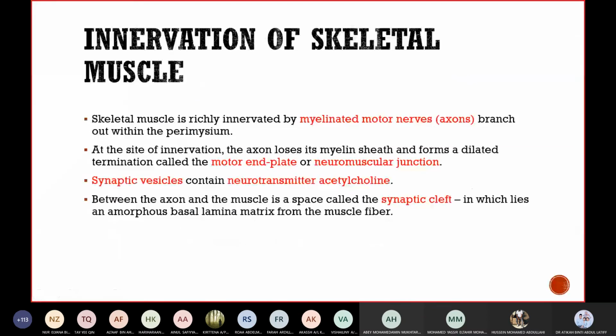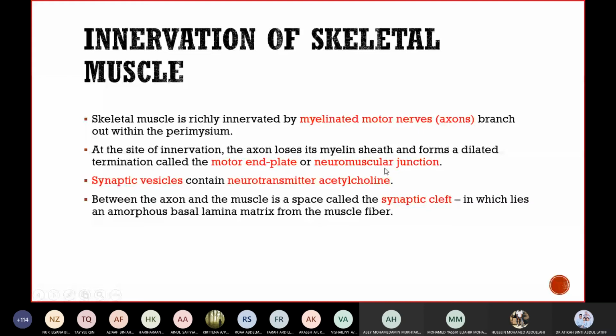So, innervation of skeletal muscle. I think I mentioned a bit in the previous lecture regarding motor innervation, autonomic, and also sensory innervation. The motor nerves branch within the perimysium. At the site of innervation, the axon loses its myelin sheath and forms a junction, the neuromuscular junction, which is the junction, as I mentioned before, between the nerves and the muscle.